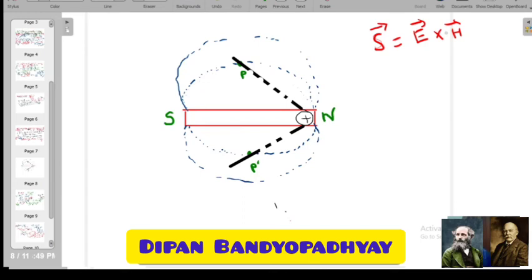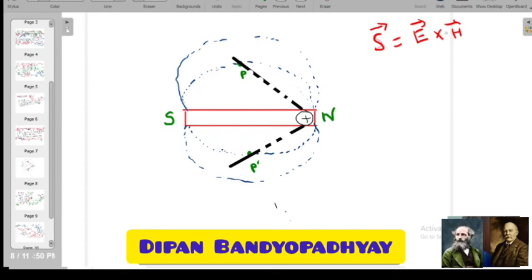Okay, so there are certain classical cases which contradict the use of this point relationship for the Poynting vector. Point relationship means the relation I have written is valid for a point. So in some cases it may be contradicted.